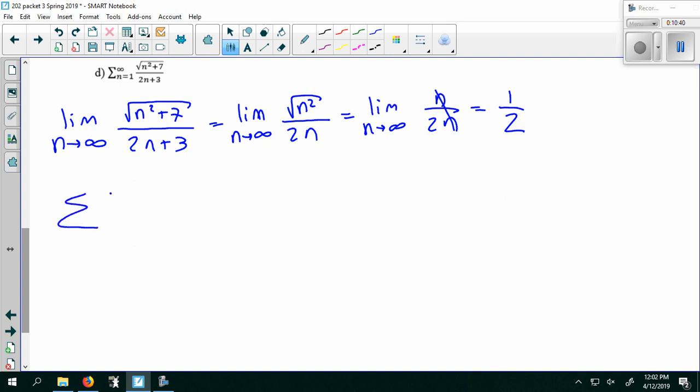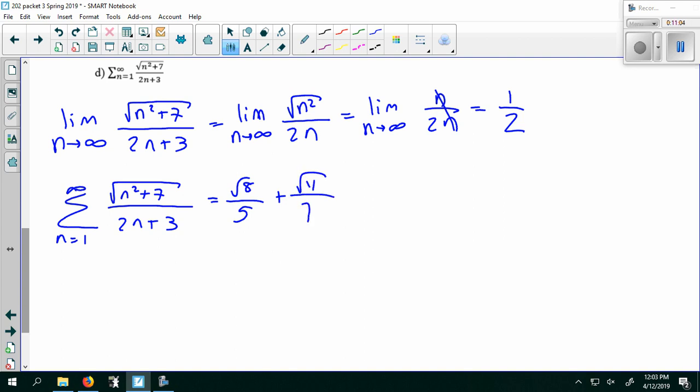So the sum of this thing, the square root of n squared plus 7 over 2n plus 3. If I plug in a 1 here, I get the square root of 8 over 5. Right? If I plug in a 2, I get the square root of 11 over 7. Plug in a 3. 3 squared is 9, plus 7 is 16.